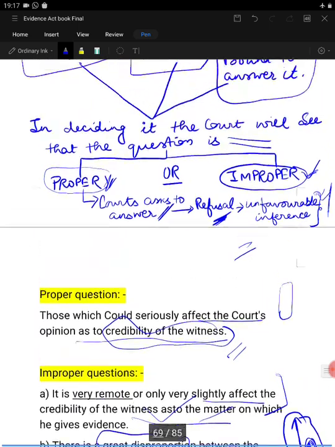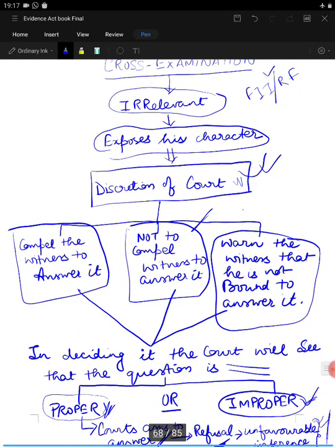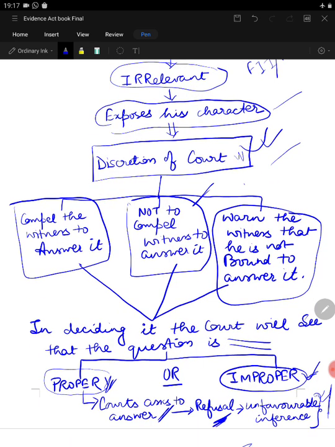So that is what Section 148 is: in a cross examination, if the question is irrelevant but exposes the character, then it is the discretion of the court, and in deciding it, the court may compel the witness to answer it, or it may not compel, or it may give a warning. But while deciding it, it will see whether the question is proper or improper. A proper question would affect the credibility of the witness.